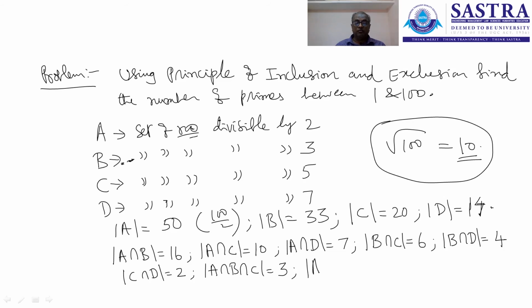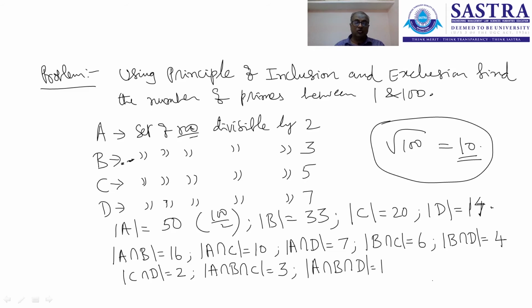And then I would calculate A intersection B intersection D. What is A intersection B intersection D? 2 into 5, 10 into 7, 70. I will have 1. That is the set of numbers which are divisible by 2, 5 and 7. That would be 70. So I will have only one number.